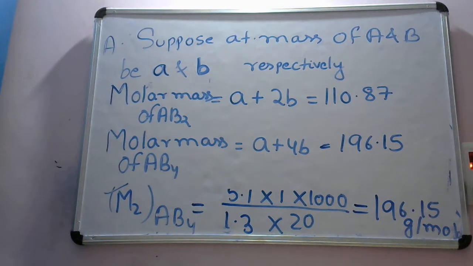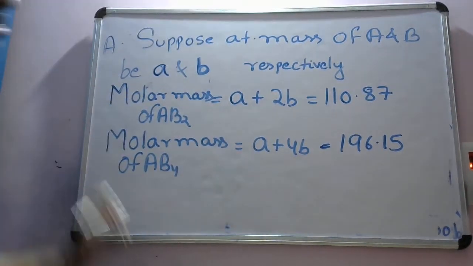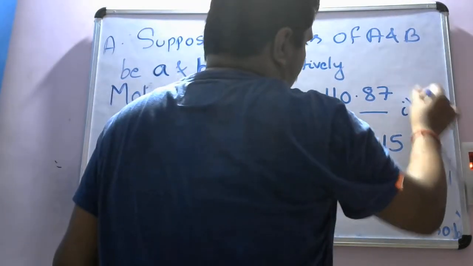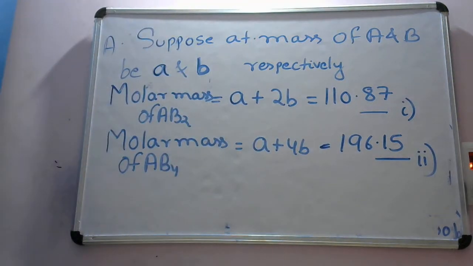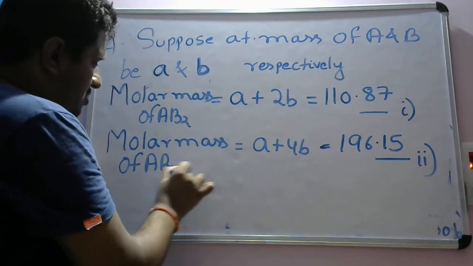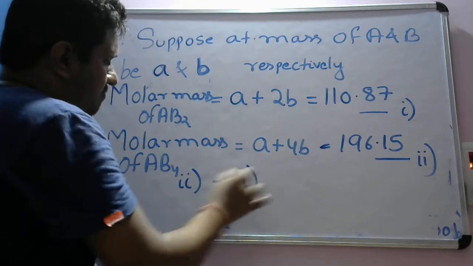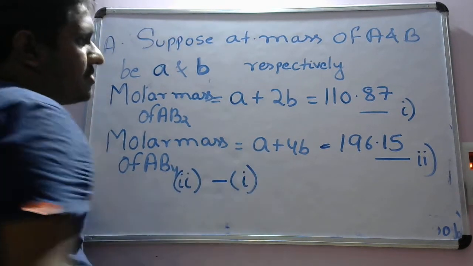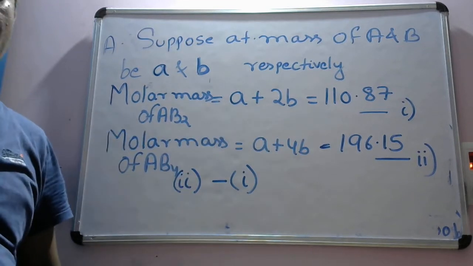Now you observe you have two equations. We will solve these two equations. Very easily it can be solved. You subtract 1 from 2, that is equation 2 minus equation 1. What will you get?